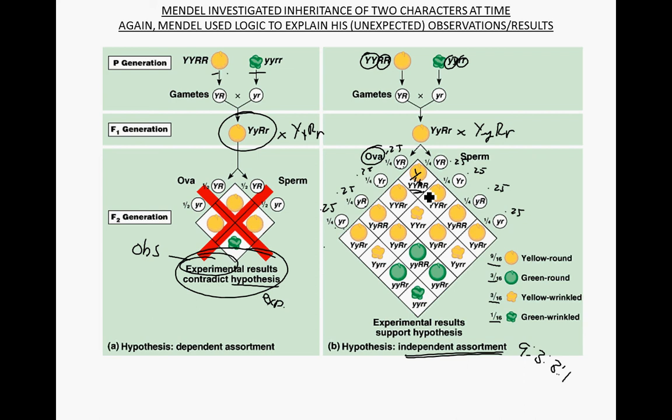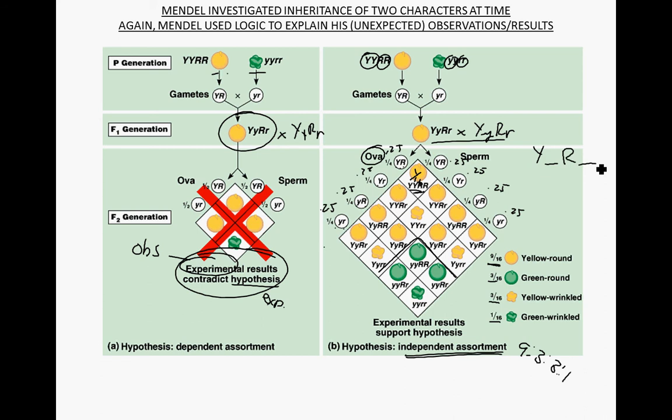What's the probability of getting a yellow seed? You have all these boxes, so this is yellow, but now you're talking about 2 at the same time, so yellow round. The probability of getting yellow and round is 9 out of 16. Well, how do you get that mathematically? What's the probability of getting yellow from these two parents? Well, the probability of getting yellow is that you have to be this, so this satisfies yellow, and this satisfies round.